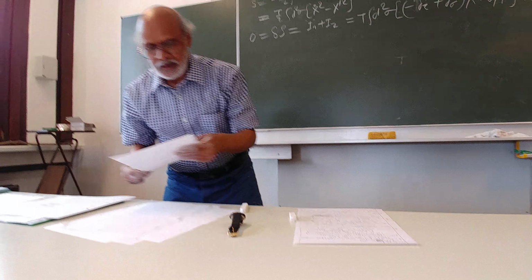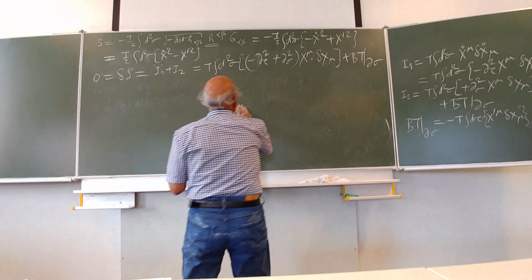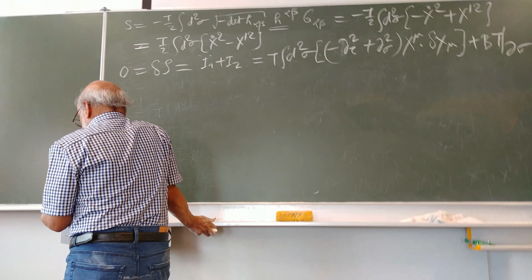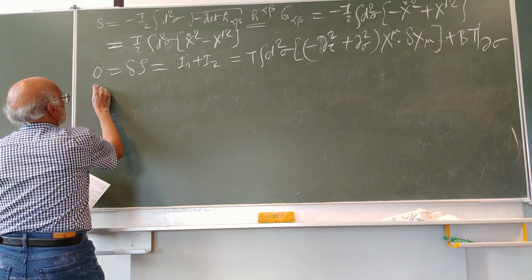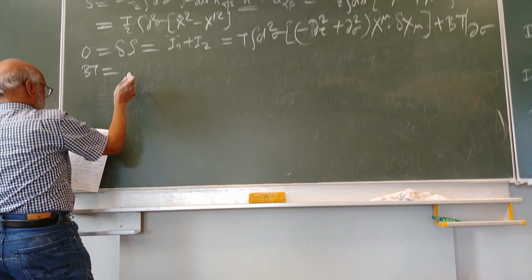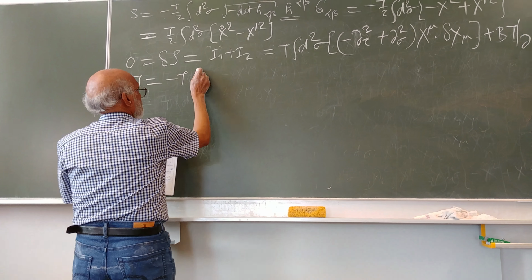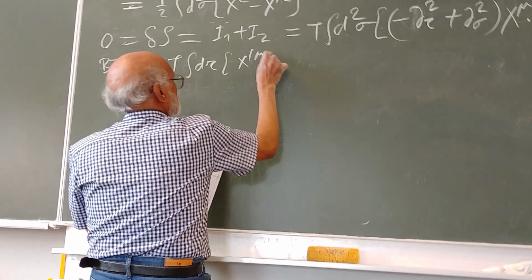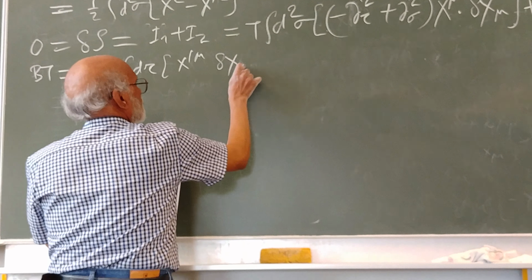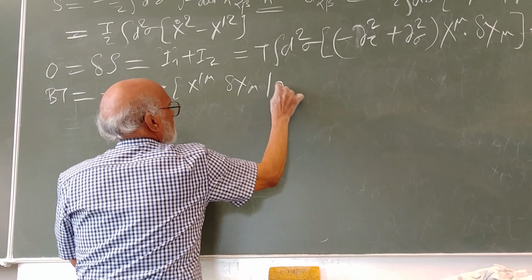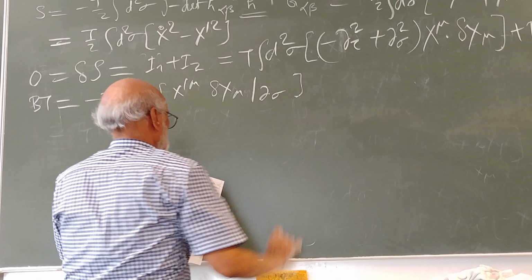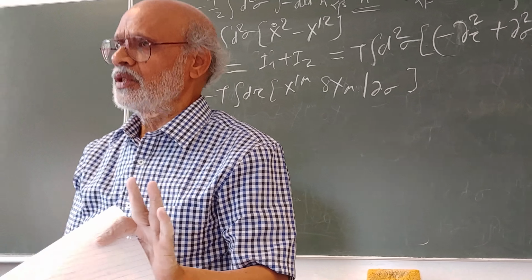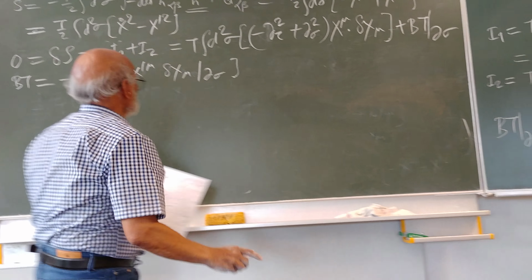So we want to talk about this boundary term, which is minus T d tau x prime mu delta x mu over this sigma. Now let us first consider the closed strings.